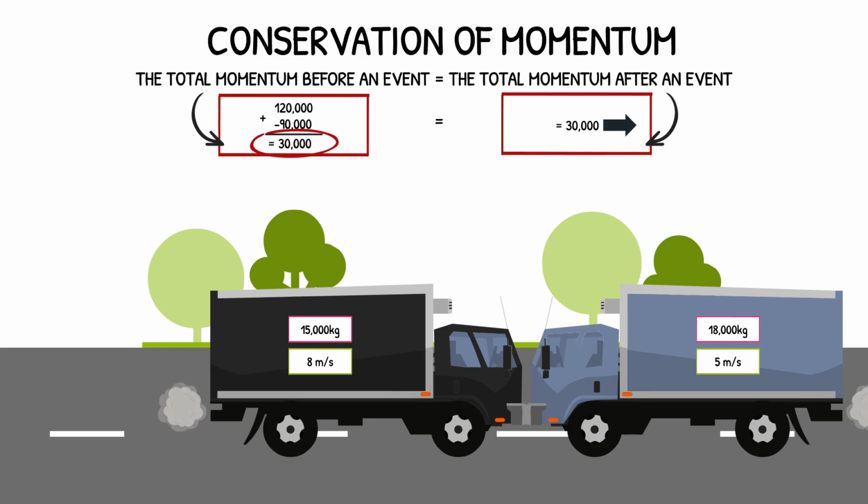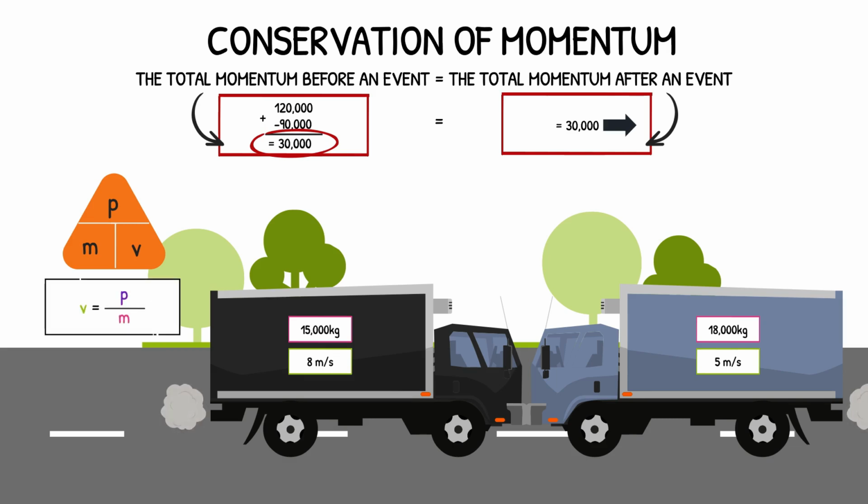Because of this, we can work out the shared velocity of the two trucks. We achieve this by rearranging our formula linking momentum, mass, and velocity, where velocity is equal to the momentum of the object divided by its mass.